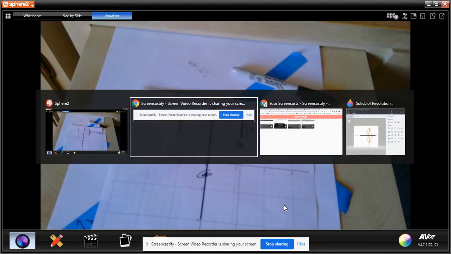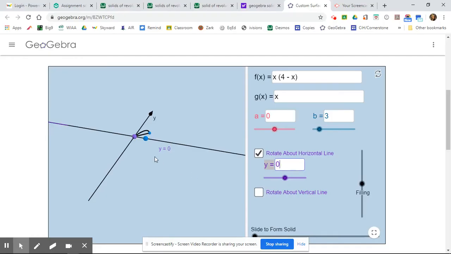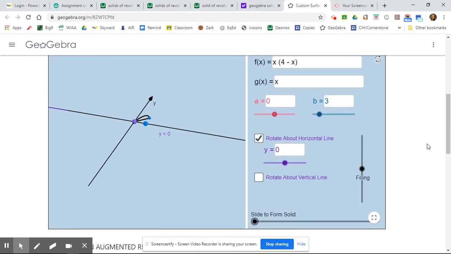Now, let me see if I can get this on the horizontal axis. This is set up in 3 dimensions here. So I'm going to try to slide this thing along here, and then we'll see if we can zoom in because it's zoomed out quite a ways. Come on, search form the solid.